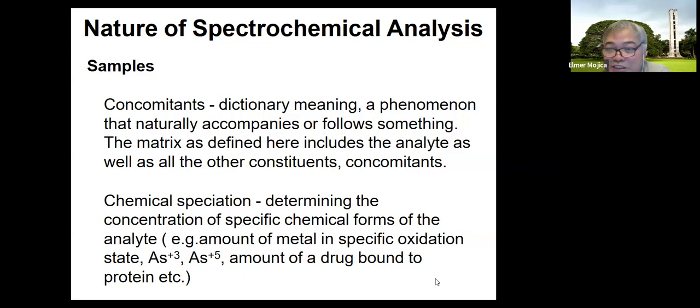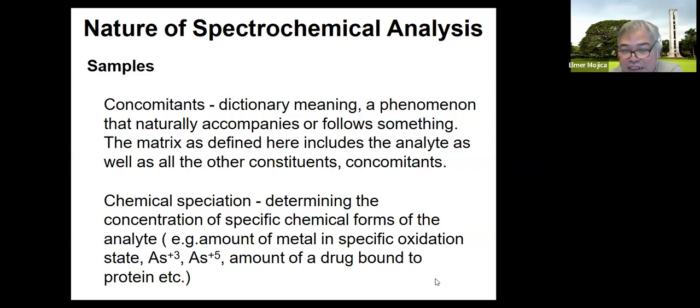The iron is always present in greater amount, okay, compared to the other metal. But if you're, let's say, trying to determine manganese in steel, so manganese present is less compared to the iron, which is the major metal in a given steel sample. Okay.